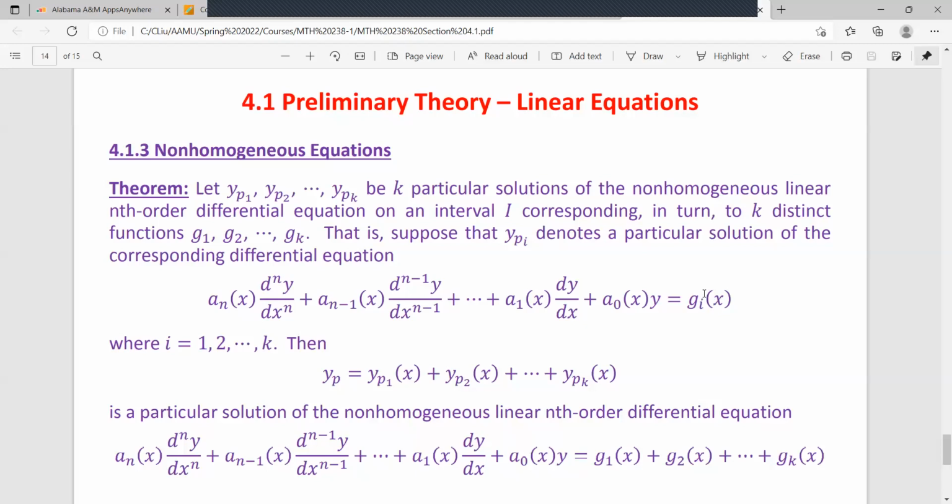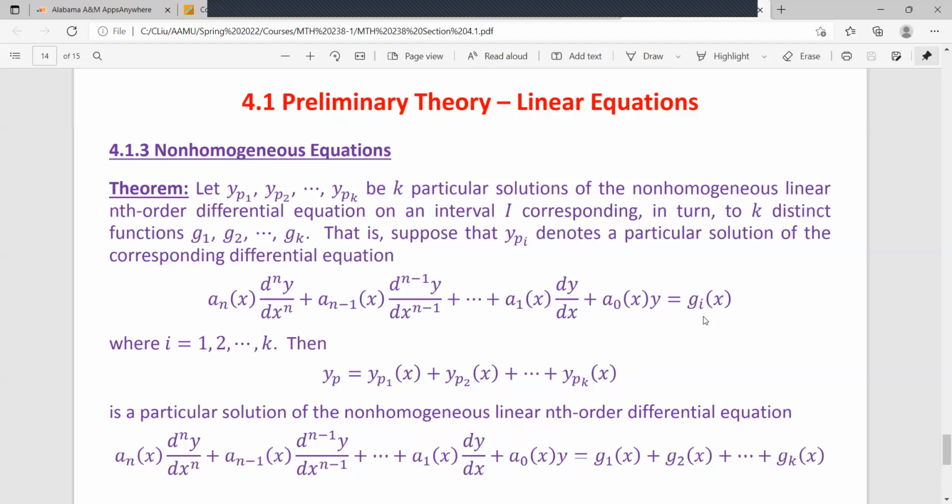So for example, we can have k differential equations. Each equation will have the same part on the left, but on the right-hand side we have different functions g_i, which we call g1, g2, down to gk of x.